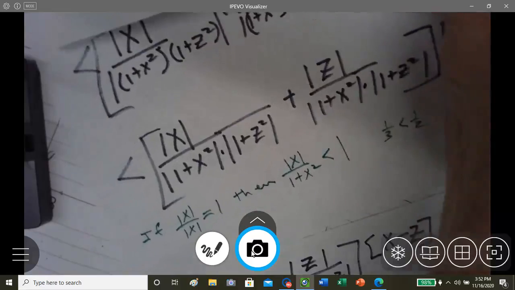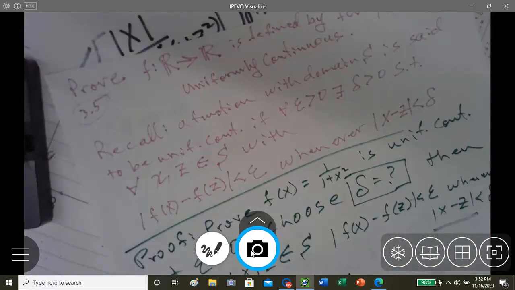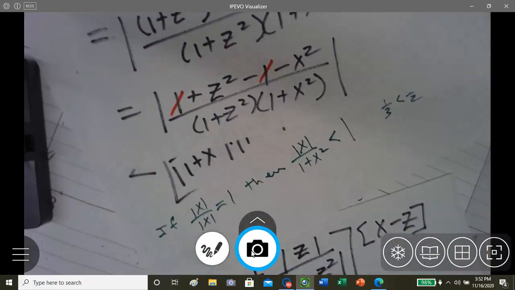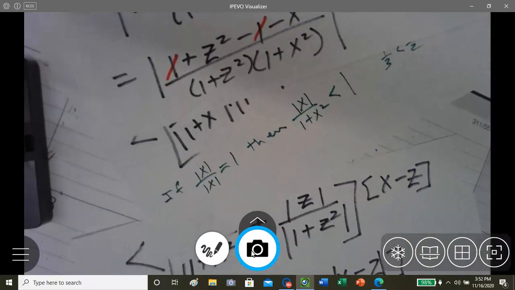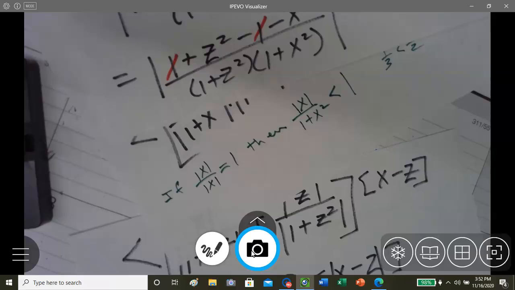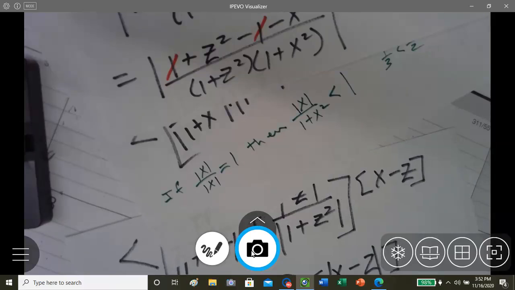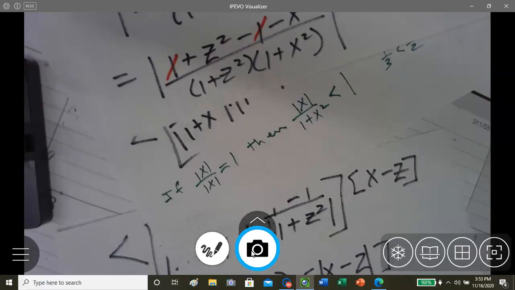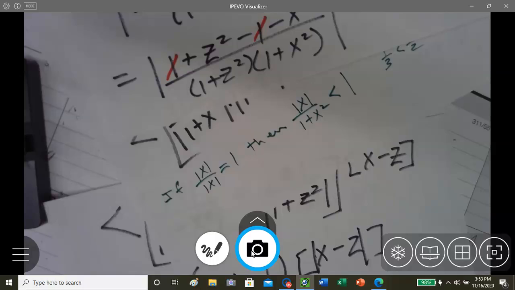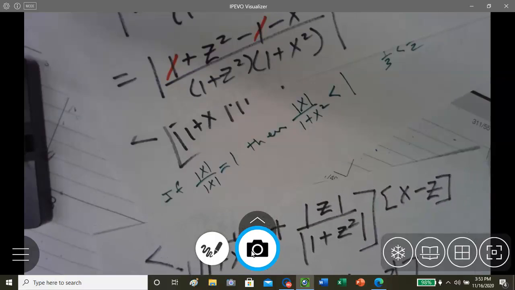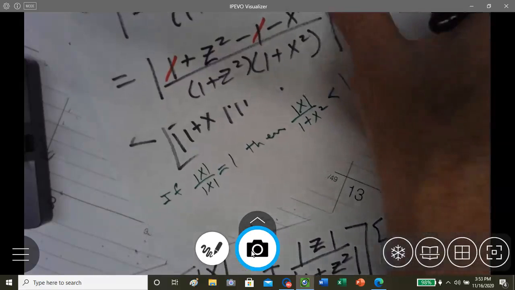And since this expression is less than epsilon, if we divide both sides by 2, we can identify delta as equaling epsilon over 2, because this whole thing is less than epsilon.